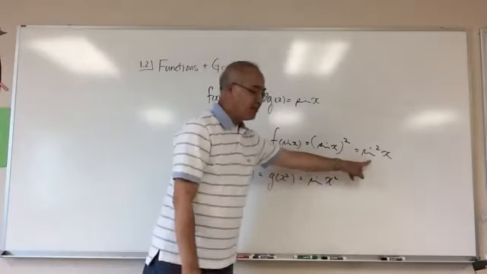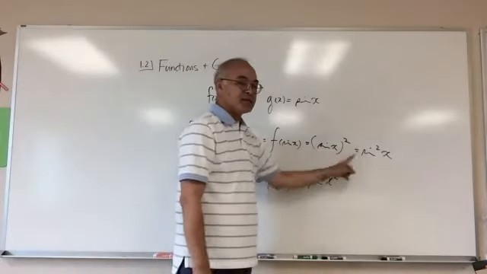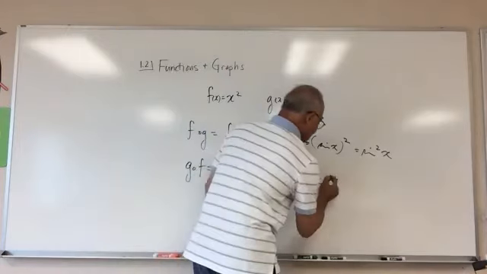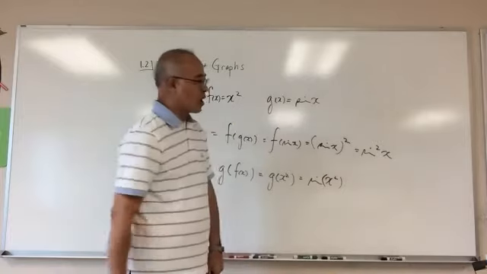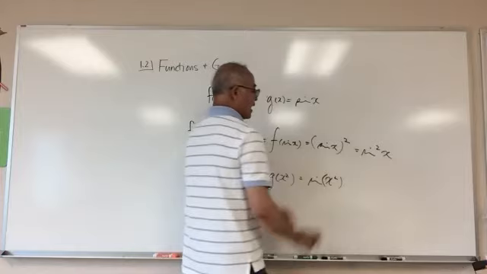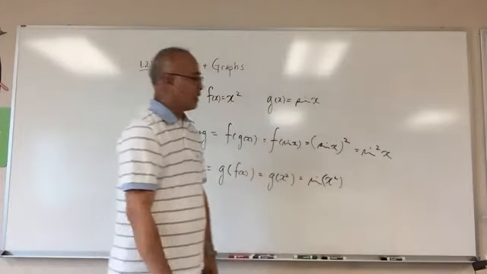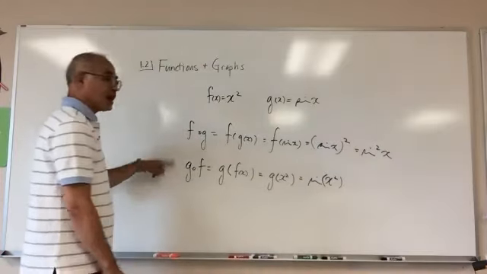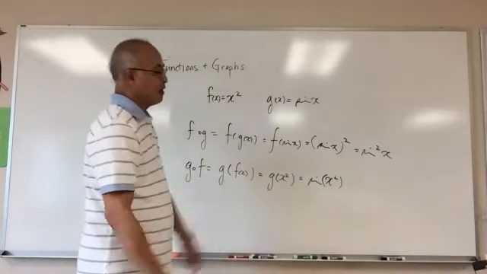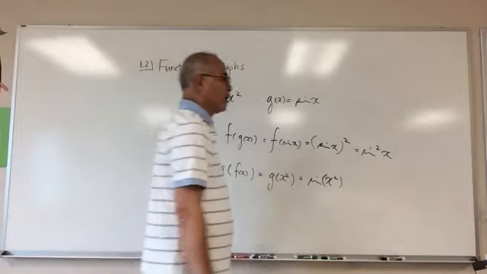This and this, notice, are totally different things. Because this is basically the sine of x squared, where this is the square of sine x. Okay? So f dot g and g dot f are not going to be the same for the most part. Sometimes they are, but for the most part they aren't, okay?